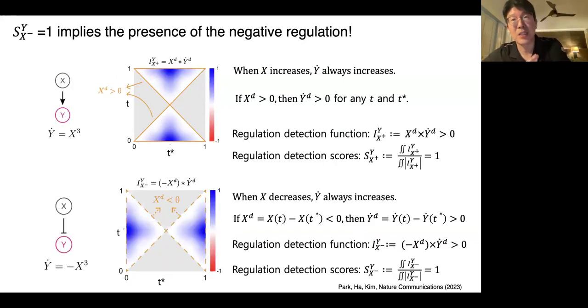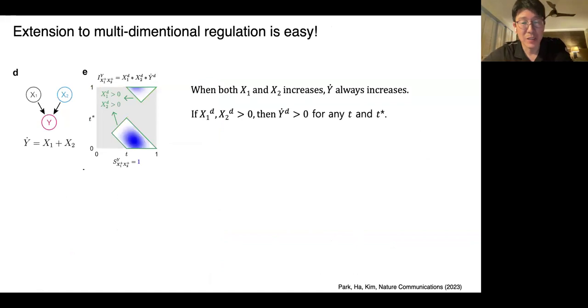So this idea can be extended to any dimensions. So far, I only considered the 1-dimension input, but now let's consider 2-dimension input. In this case, the statement is changed like this. Whenever both x1 and x2 increase, y dot should increase.